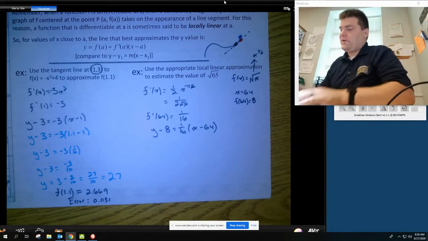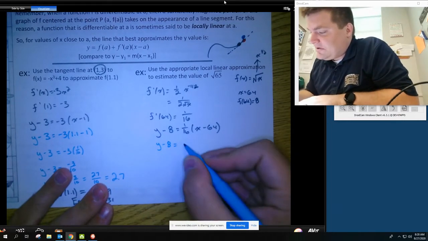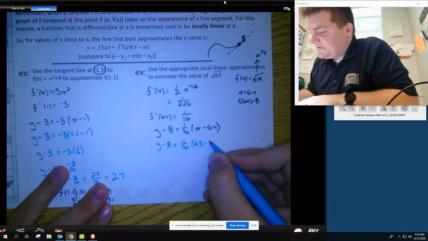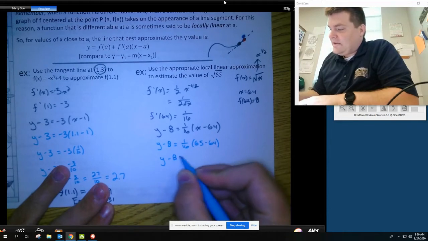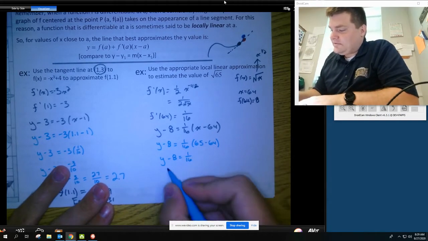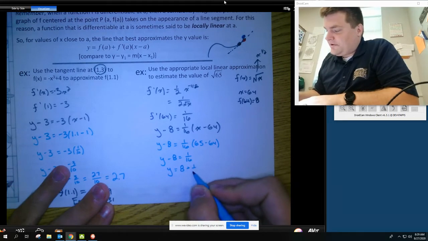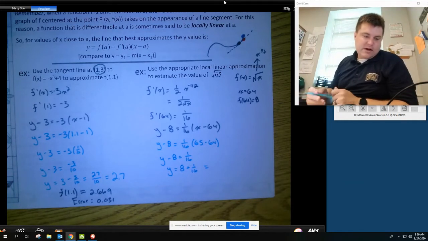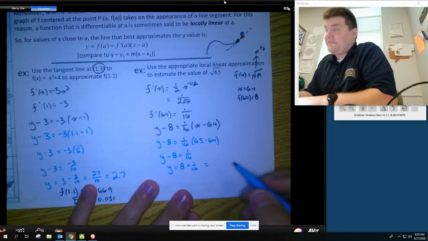Now it's my blue step to go ahead and plug in my 65. So I'm going to get y minus 8 equals 1 over 16 times 65 minus 64. So we get y minus 8 equals 1 over 16. So y is going to equal 8 plus 1 over 16, and I don't have it in front of me right now.